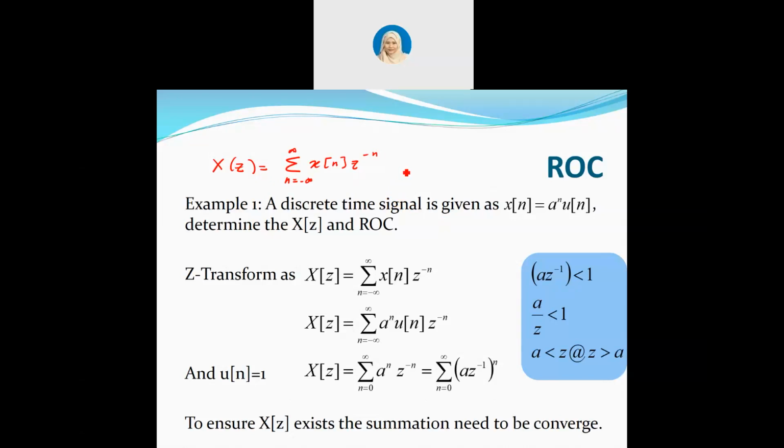To make sure that the Z transform exists, this summation of x[n] z to the negative n needs to converge, meaning that it is not infinity.